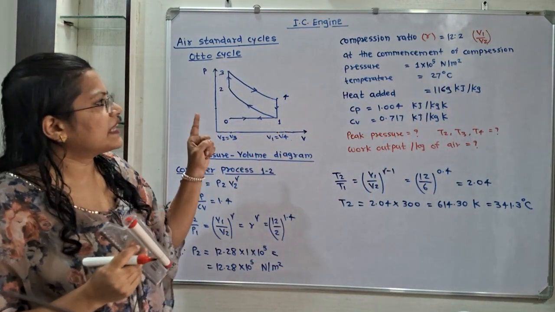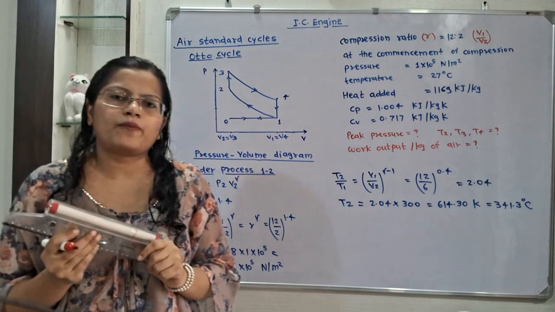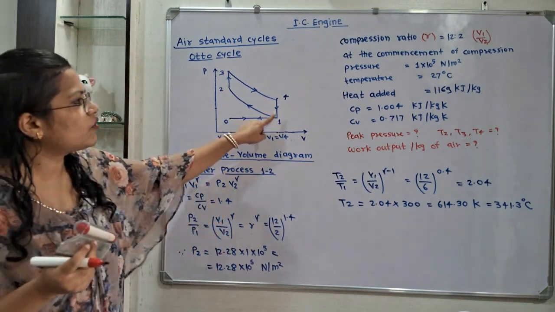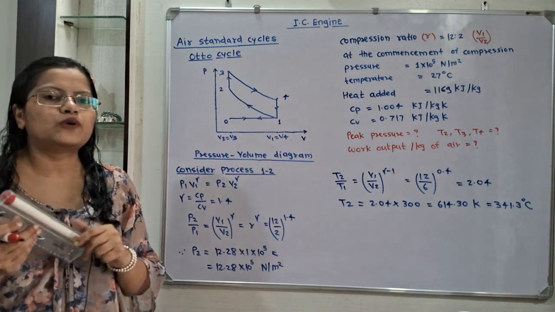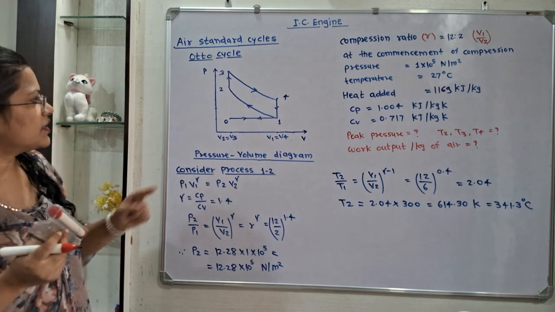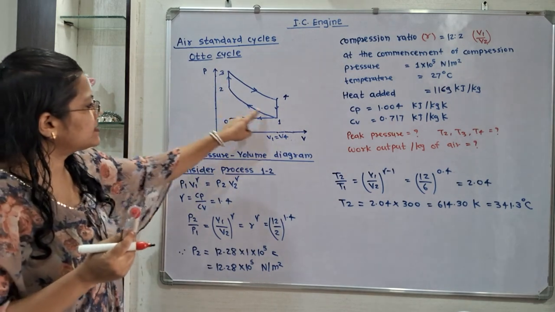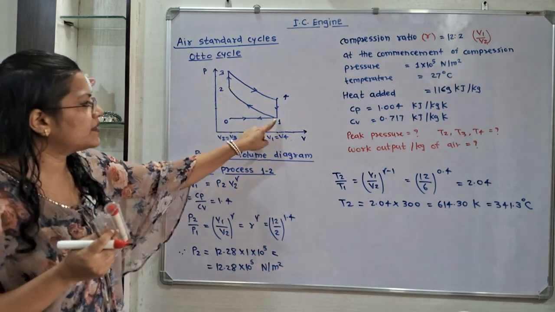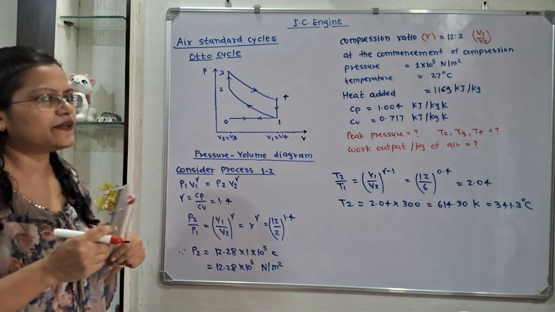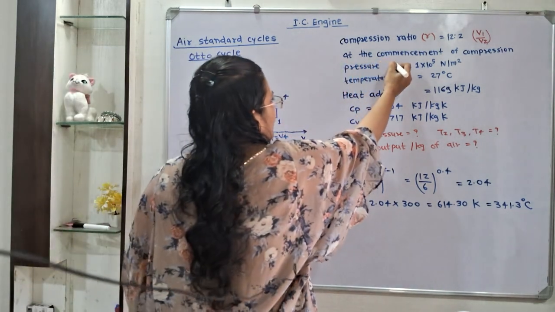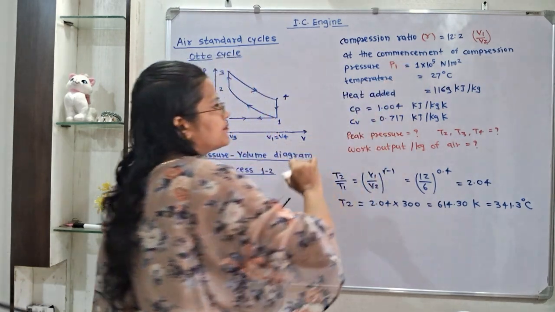Now it is given that at the commencement of compression, that is, at the beginning of compression, pressure is 1 × 10^5 N/m². If we observe, 1 to 2 is the compression process, so at the beginning, point 1 is there, so the pressure is known as P1. So this is the value of P1 we have to take.